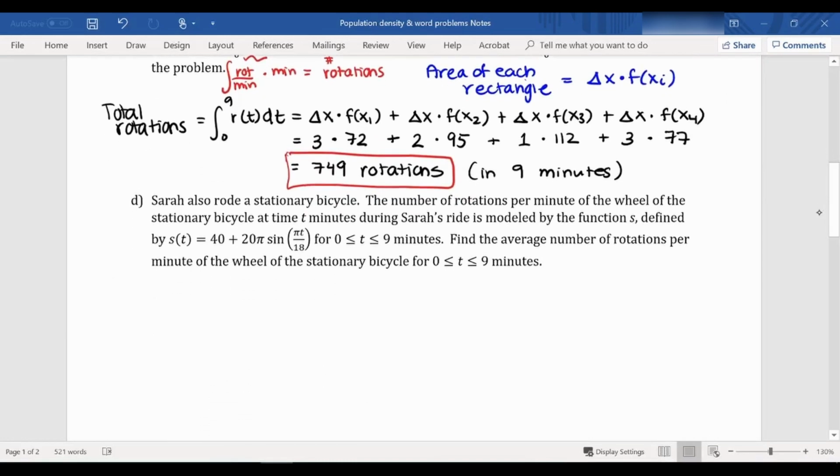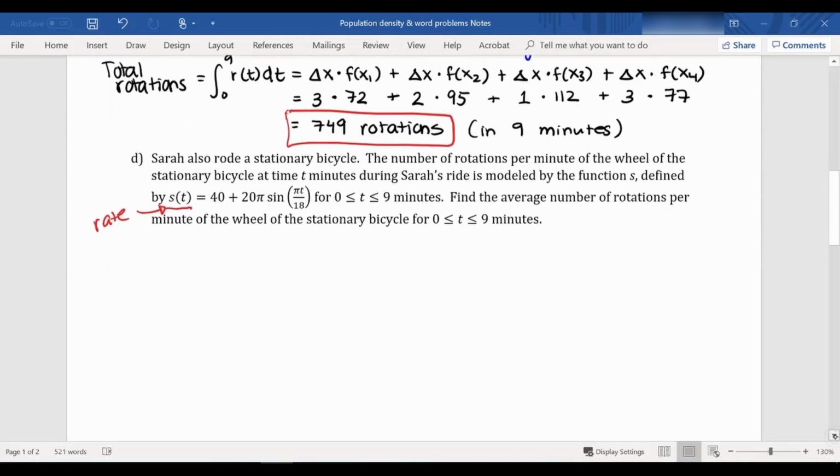Okay, last one is saying Sarah also rode a stationary bicycle. And again, she's got a number of rotations per minute. Okay, so S is in units per minute. This is a rate. And it's wanting us to find the average number of rotations per minute.